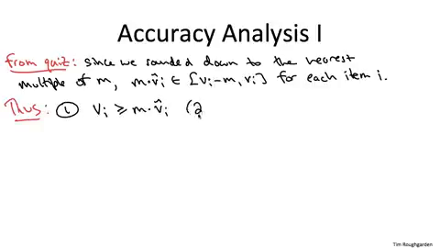Let me give them names 1 and 2. We'll put these to use in the next slide. First of all, the value vi is lower bounded by m times the rounded value v hat i. And then m times v hat i is lower bounded by vi after we subtract m from it. We'll call those inequalities 1 and 2.